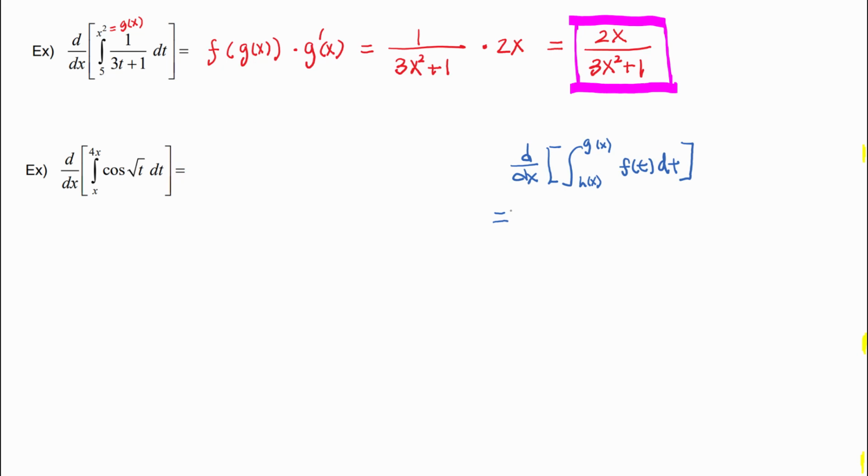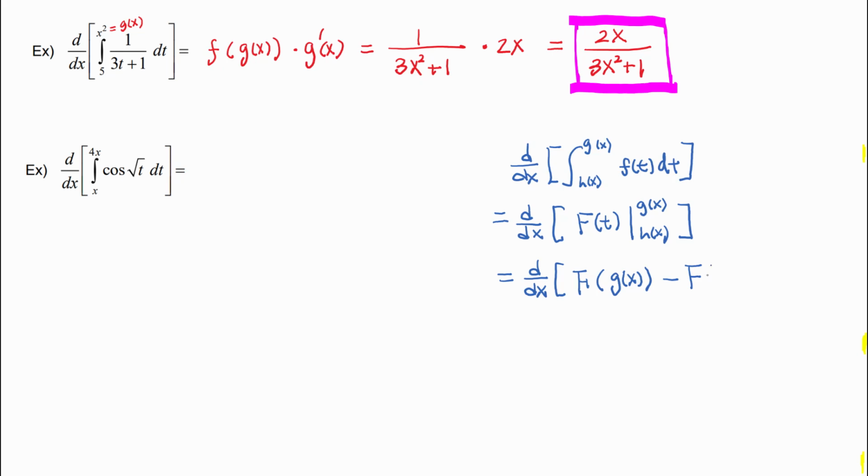So let's say the antiderivative of little f of t is capital F of t. Then when you take the integral, I would get capital F of t from h of x to g of x. When you evaluate, I should get capital F of the upper limit g of x minus capital F of the lower limit h of x.